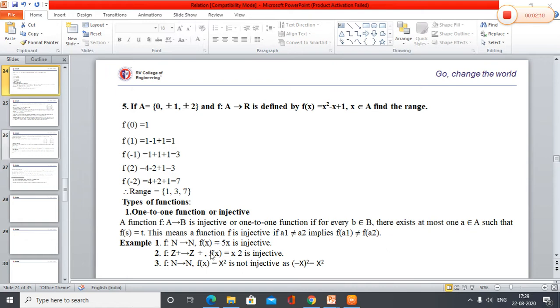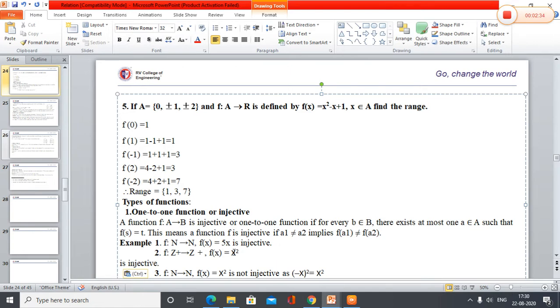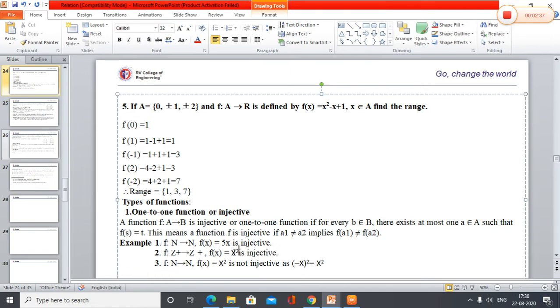Now the second function: f(x) is equal to x square. Here it is x square, it is not 2x. f(x) = x² is injective where f is a function from Z to Z, where Z is the set of positive integers, so I can only take positive values here.